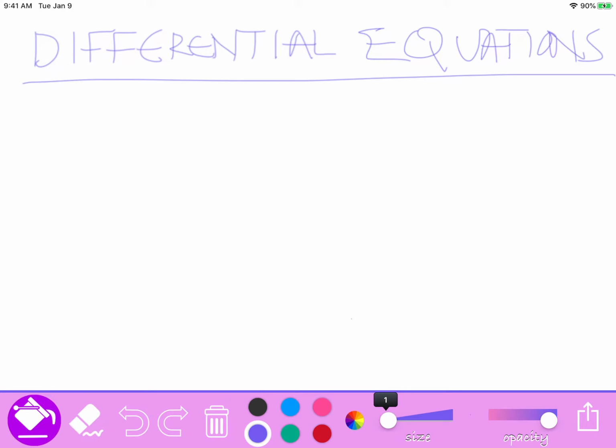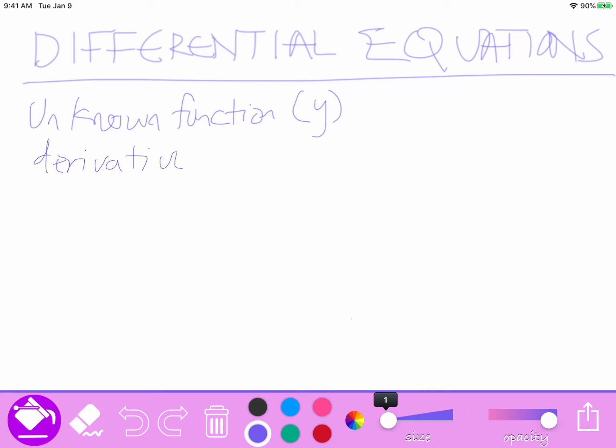So you may be thinking of an equation or a function, an unknown function, y for instance, and then its derivative, dy/dx. So a differential equation would be an equation that will involve both of these, both the unknown function y and its derivative.